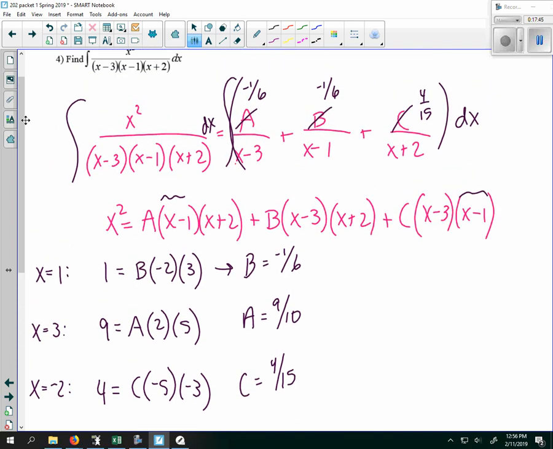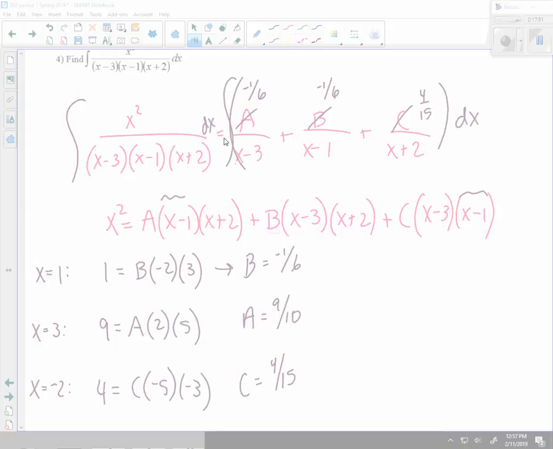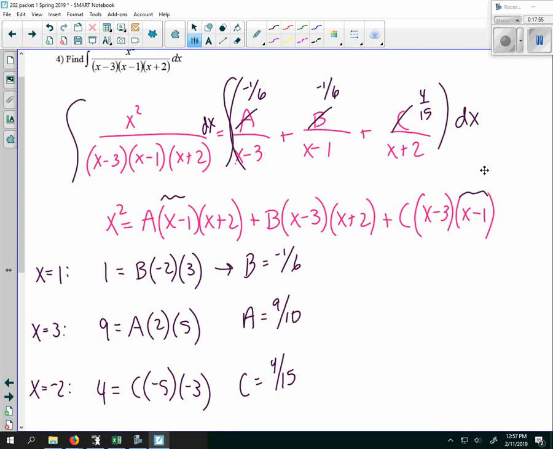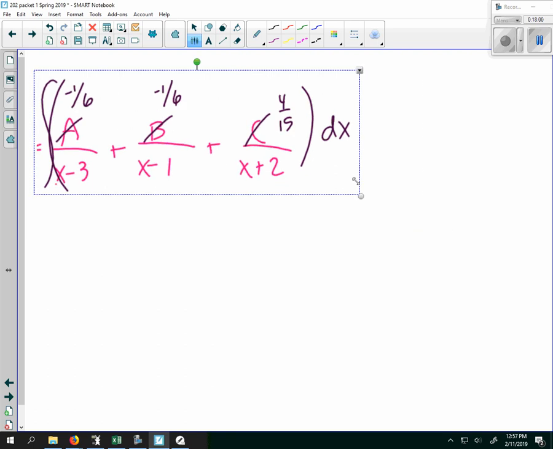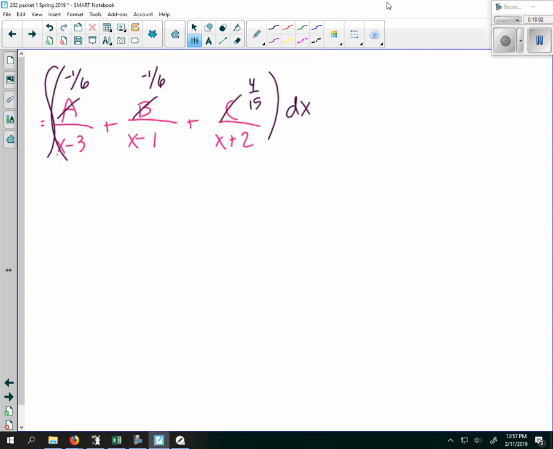Maybe I'll make a copy. Okay, so this becomes negative 1/6, the ln of x minus 3.